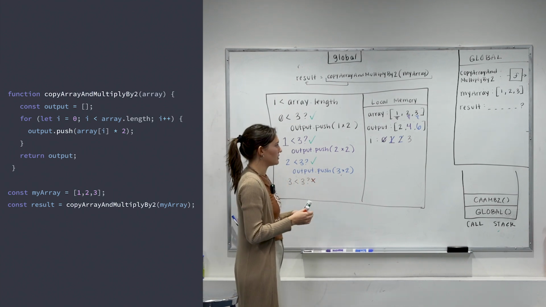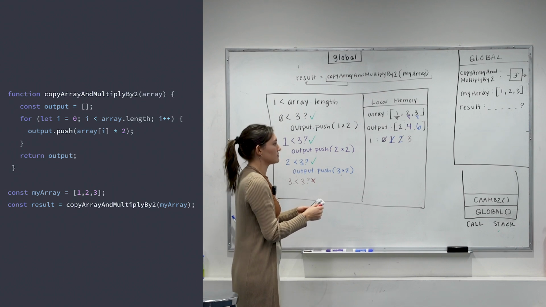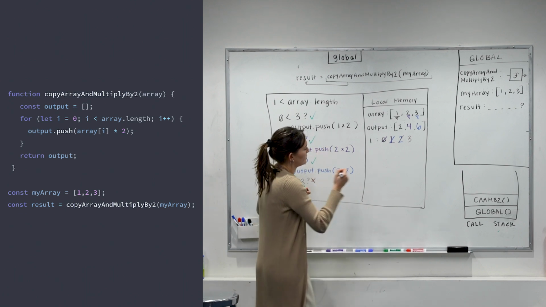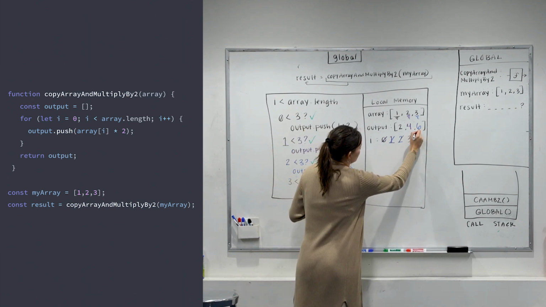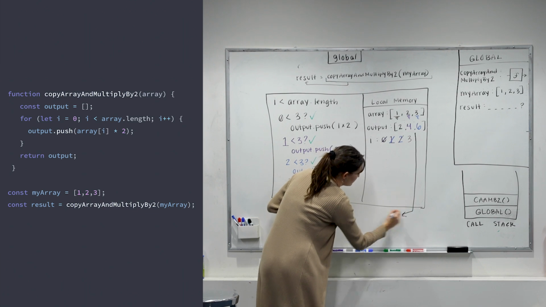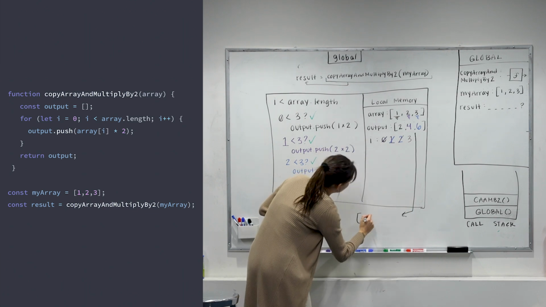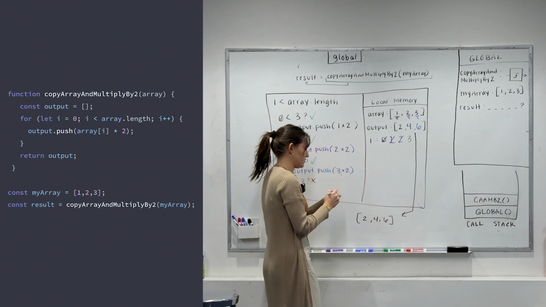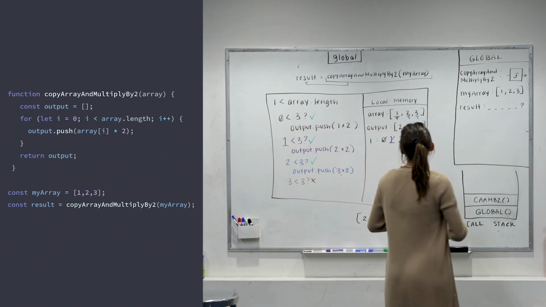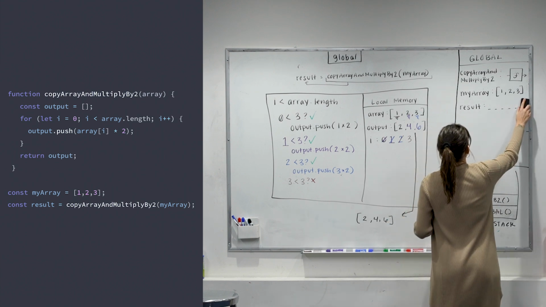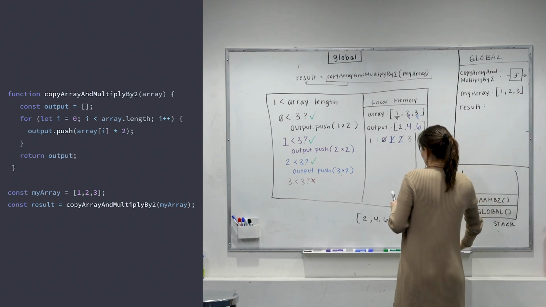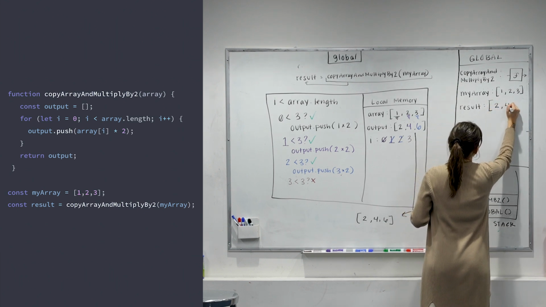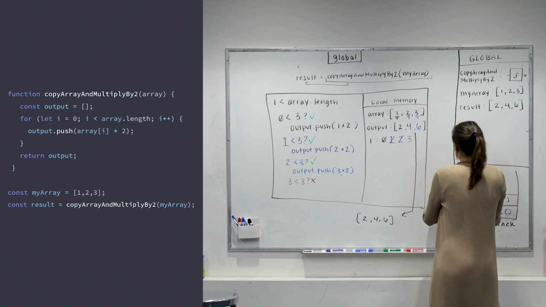And we will go down to return the output array, which we will be exiting this local execution context and returning into the result in global memory. Absolutely. So we're storing this array with the values 2, 4, and 6 in global memory.